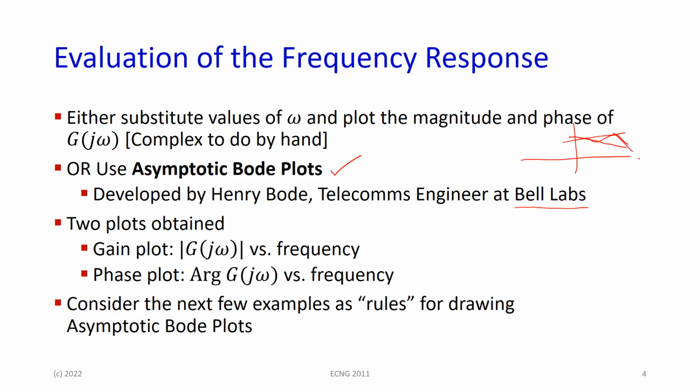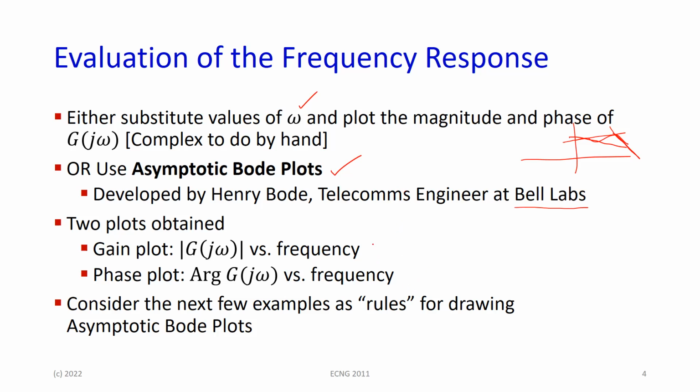So if I could get it in a form where I could approximate the response using a series of straight lines, then at least I could get an idea of what the response is looking like, and then decide if I need to substitute the more detailed individual values of omega.